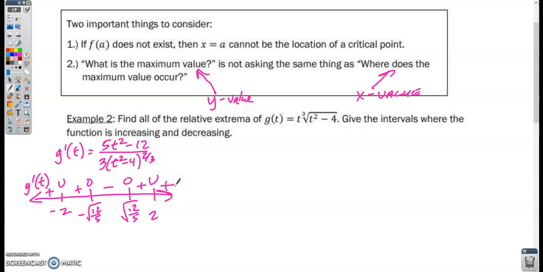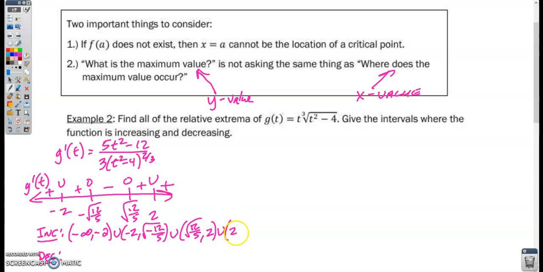We found the intervals of increasing and decreasing as well in that last lesson. So most of the information that we need for this problem, we've already found. So I'm just going to jet through that quickly. And it's decreasing from negative root 12 over 5 to root 12 over 5.